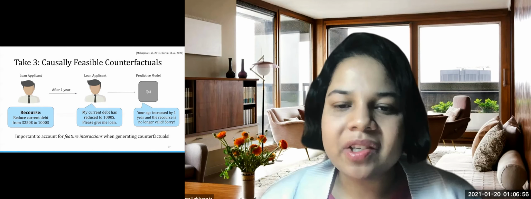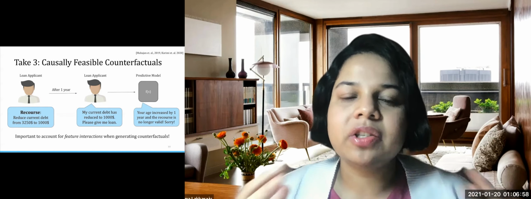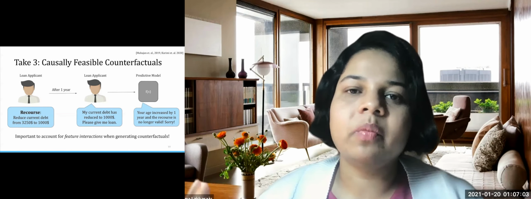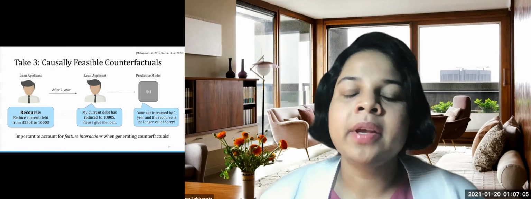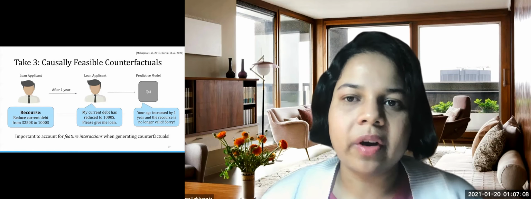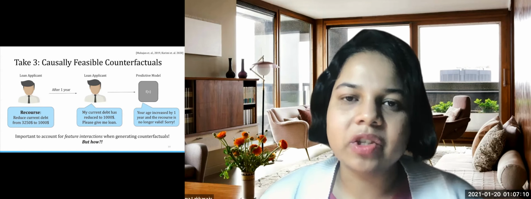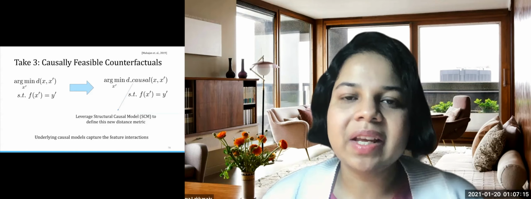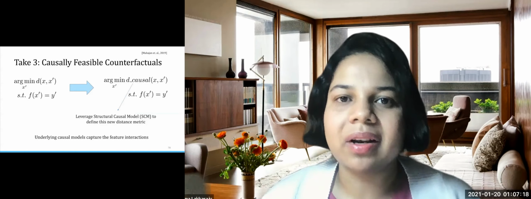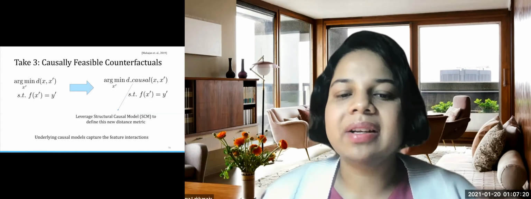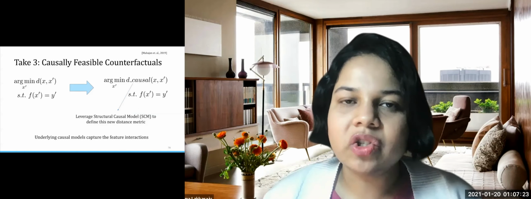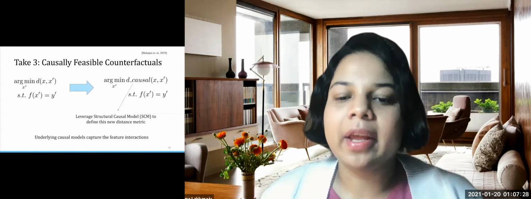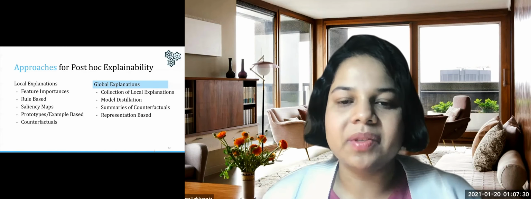Now, what has happened here is that the feature interactions have not been accounted for in Ustun et al.'s algorithm when generating counterfactuals, right? So this is very critical to account for in order to generate feasible counterfactuals, but how do we do it? And one of the solutions proposed is to basically leverage the underlying causal models. So these underlying causal models capture interactions between the features, and if we leverage those when defining our distance metrics, we can potentially mitigate these kinds of problems.